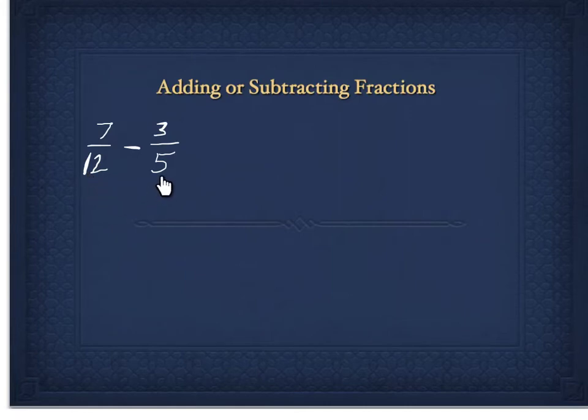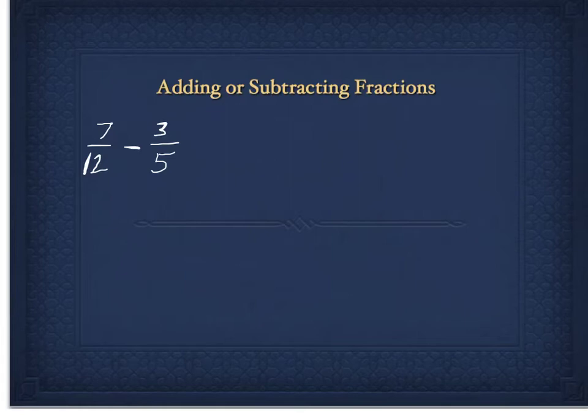So you want to think of multiples of, we'll go with 5, that 12 also has in common. So I've got 5 times 5 is 25. No, 12 can't go into 25. Let's see, 5 times 6 is 30. No. 5 times 7 is 35. No. 5 times 8 is 40. 5 times 9 is 45. It looks like I'm going to have to go 5 times 12, which is 60.